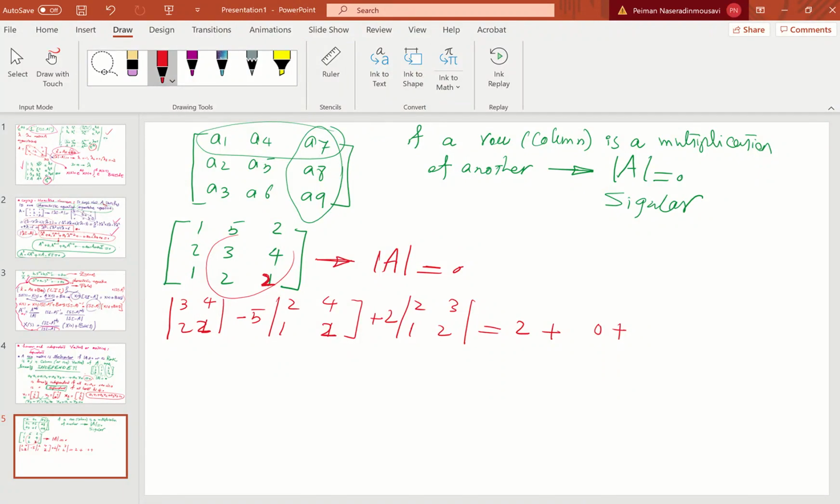And this is going to be 1, 5. I'm getting older. 2, what were 2, 2, 3, 4, 2, 2, minus 5, 2, 4, 1, 2, 2, 4 minus this.